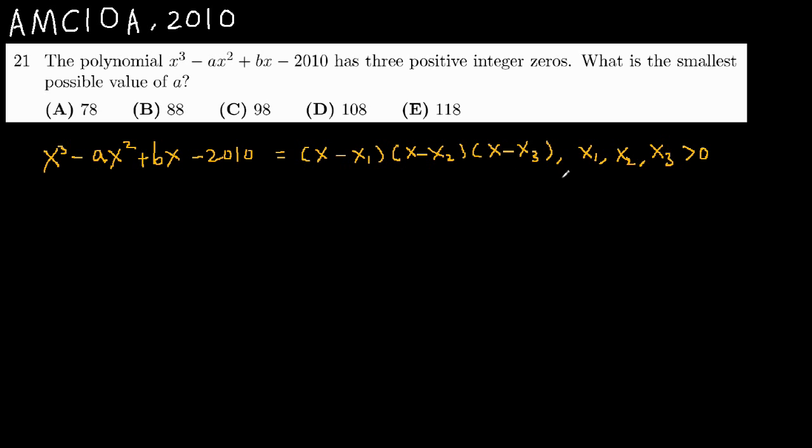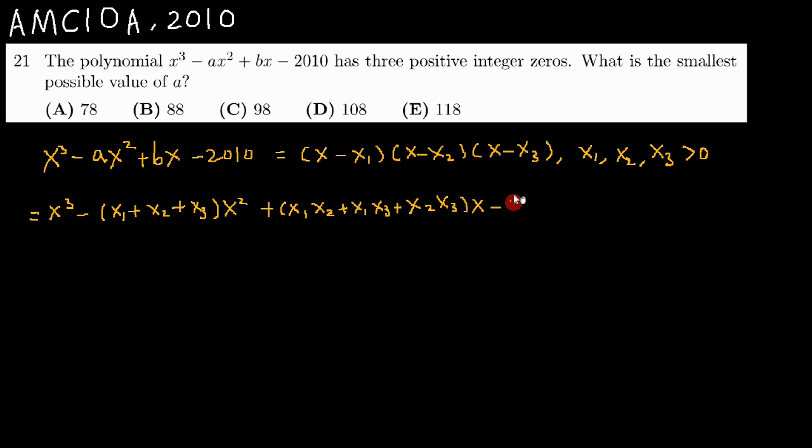Right. Now if we expand this, we're going to see that it is equal to x cubed minus (x1 plus x2 plus x3) x squared plus (x1 x2 plus x1 x3 plus x2 x3) times x, and minus x1 x2 x3.